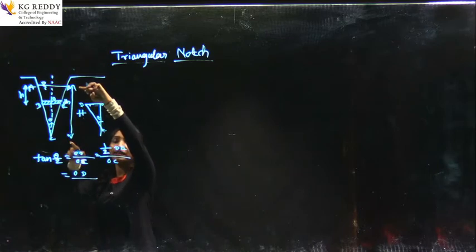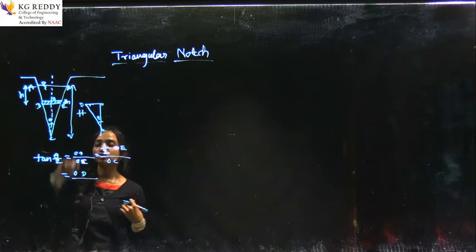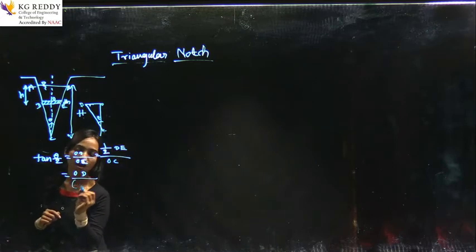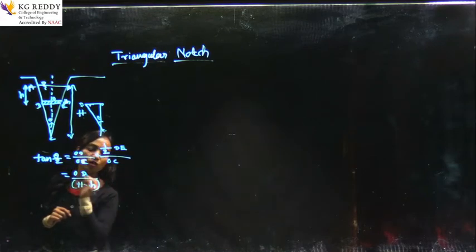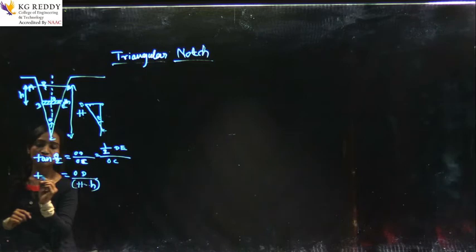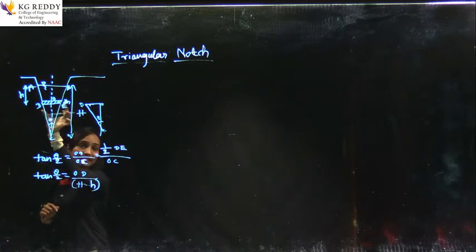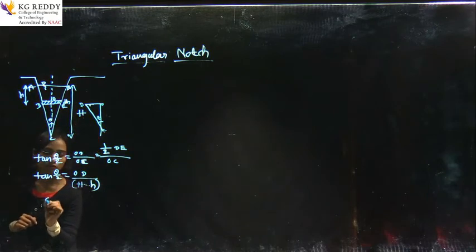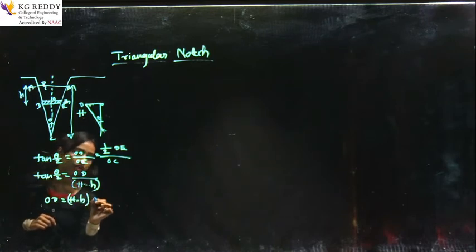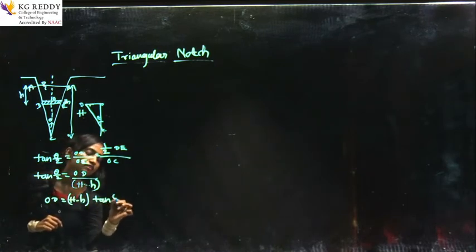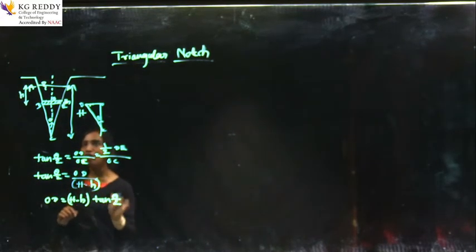The total height is capital H and the water height above the strip is small h. So OC, how can I write it? Capital H minus small h. So tan theta by 2 equals OD by OC. We want DE. So OD is equal to capital H minus small h into tan theta by 2. So this is the OD we got.